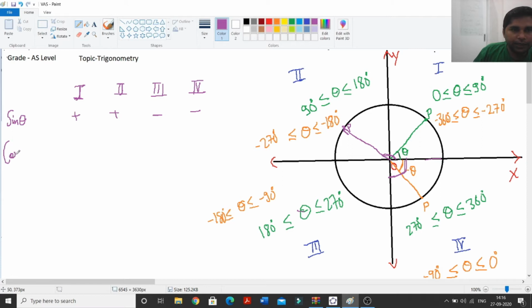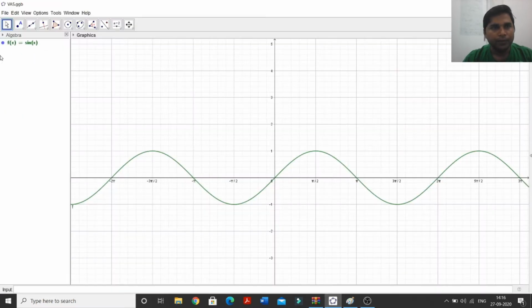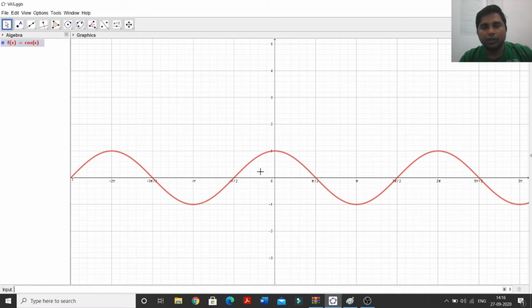For cos theta, now let's sketch the graph of cos theta and see where it is positive and where it's negative. So this is a graph of cos theta.